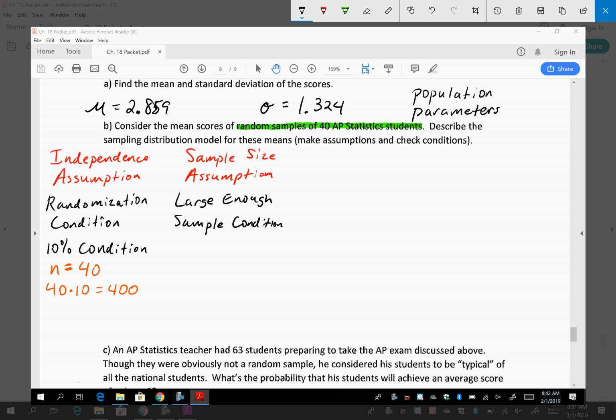Since it doesn't mention anything, I'm going to say, I'm assuming that the population distribution looks normal, and I have no reason to believe that's not true. If I think about the scores on an AP exam, I bet it would roughly resemble a bell curve. You have the majority of people getting around 3, fewer people getting 1s and 5s.